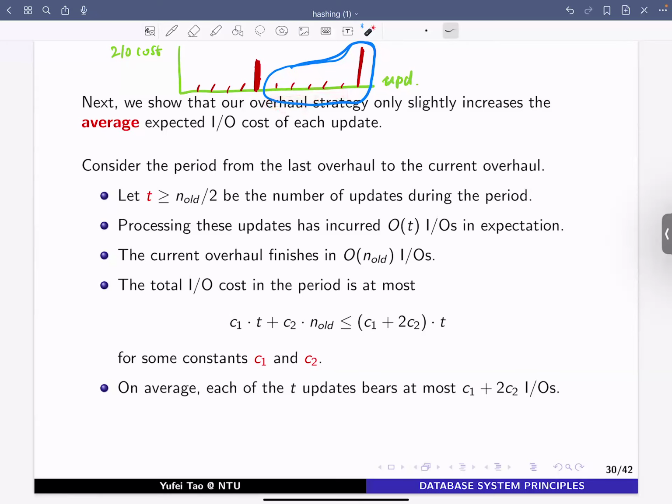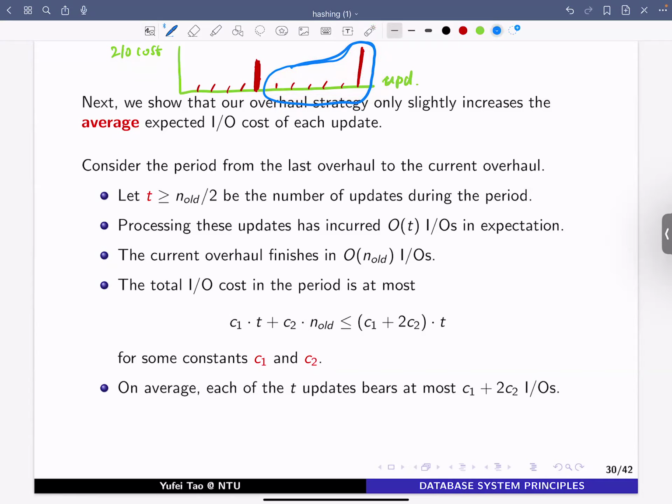If I calculate the total cost of handling all the updates during this period, it is pretty low. Overall, I can say that the total cost for handling these updates is as if every update was handled with constant IOs.